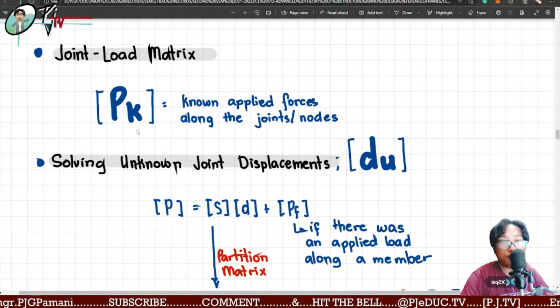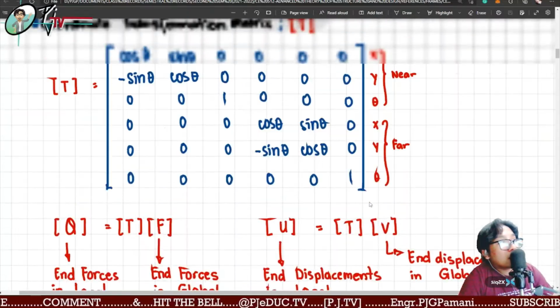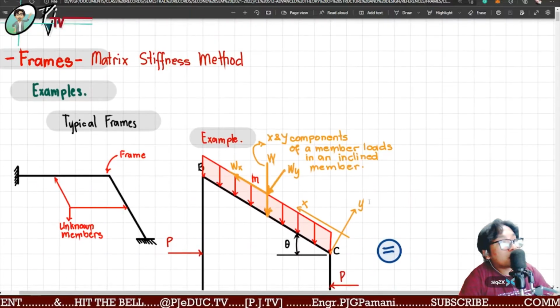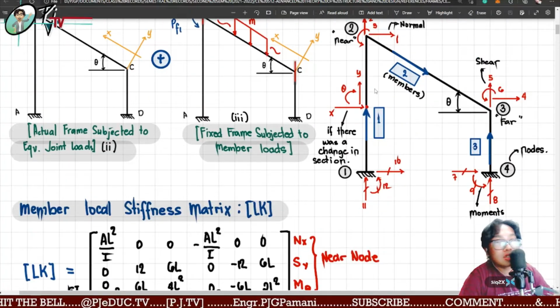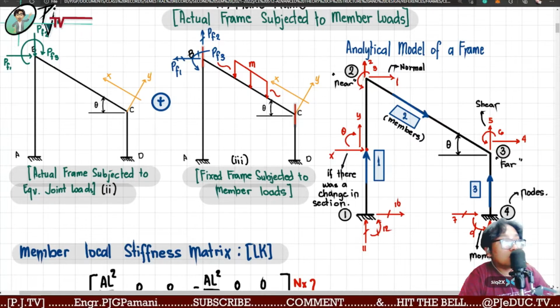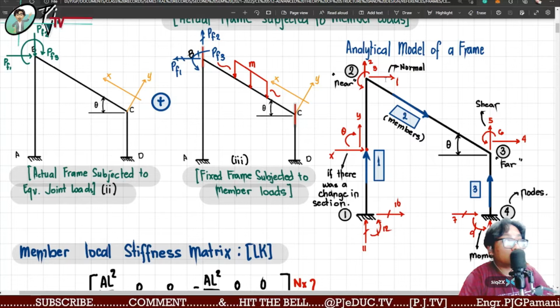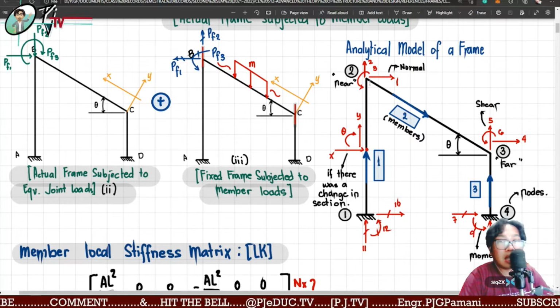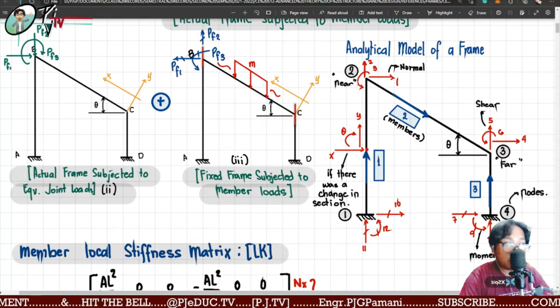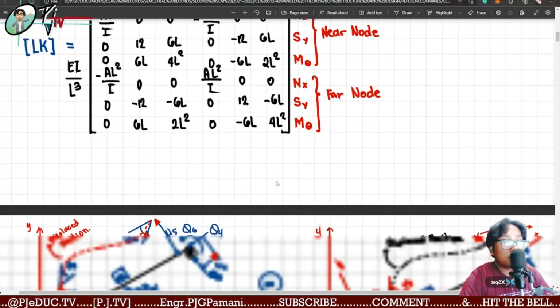These are your known forces. So remember, from our analytical model, we start our number with joints which has known joint loads. So starting node 1, ay node 2 to node 3, those are your known joint loads. So tignan natin kung meron talagang applied loads doon on the joints, both axial, shear, and moment.